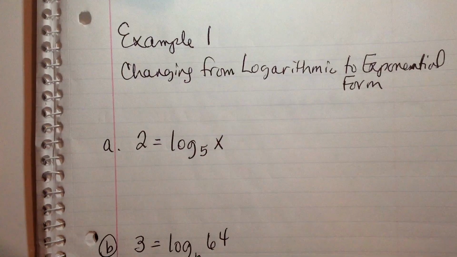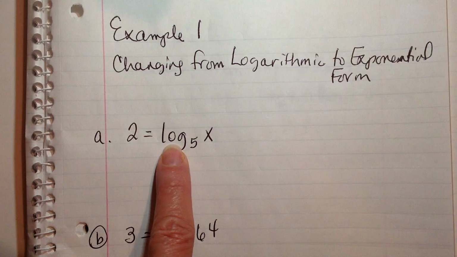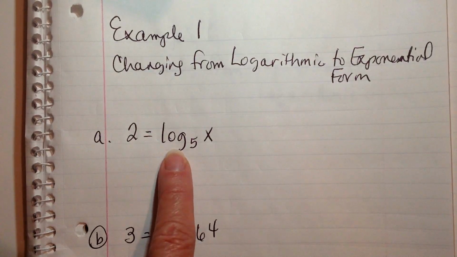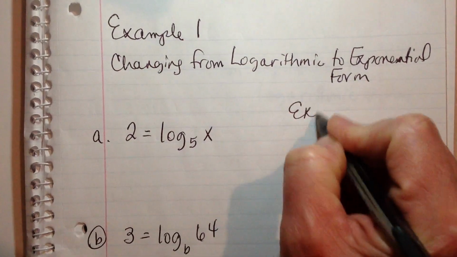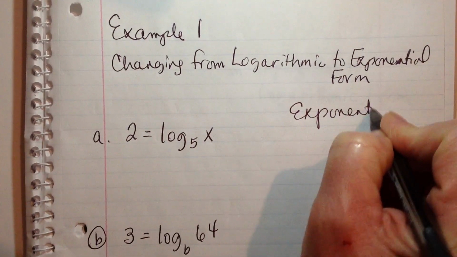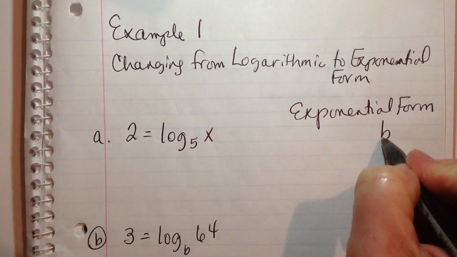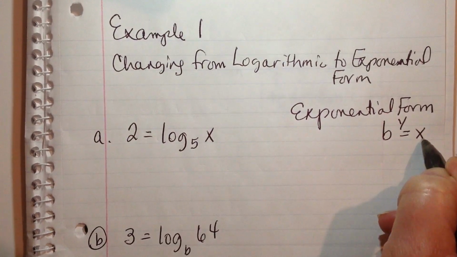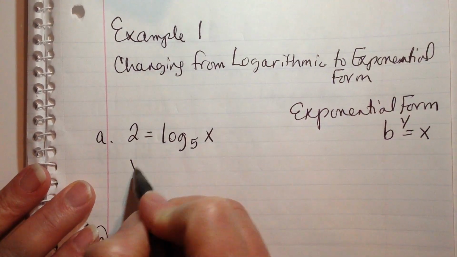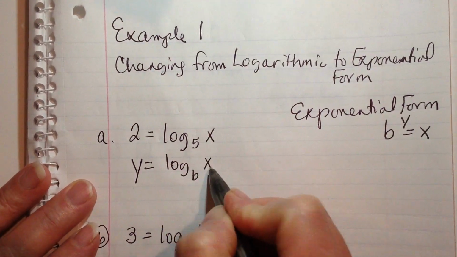So let's look at changing from logarithmic to exponential form. I see this is in log form because I see the word log. So if I'm going to exponential form, remember exponential form is b to the y equals x. Keep in mind, this is in the form of y equals log base b of x.